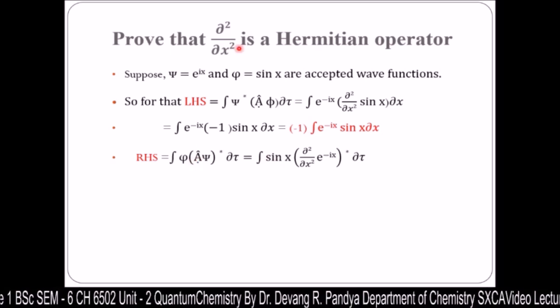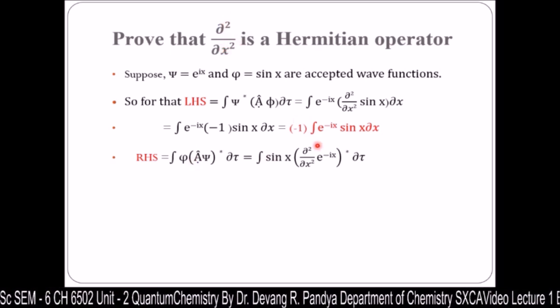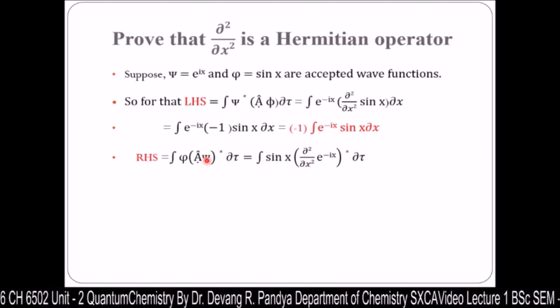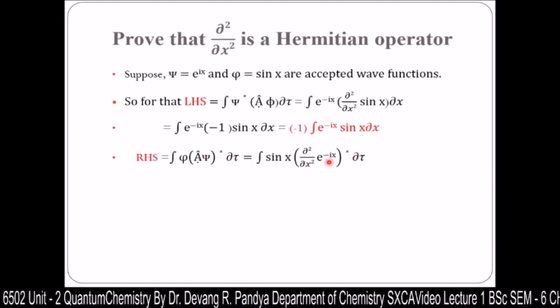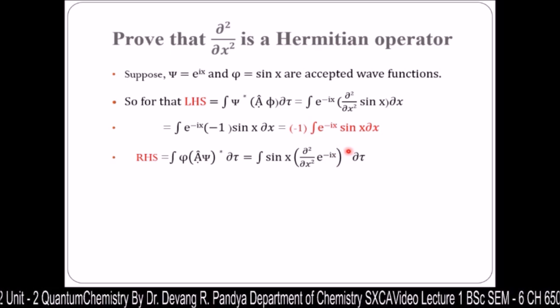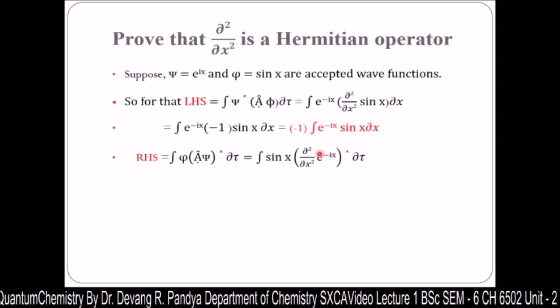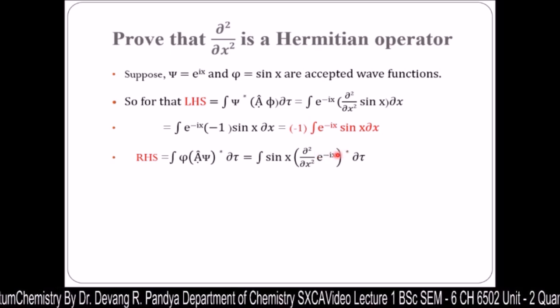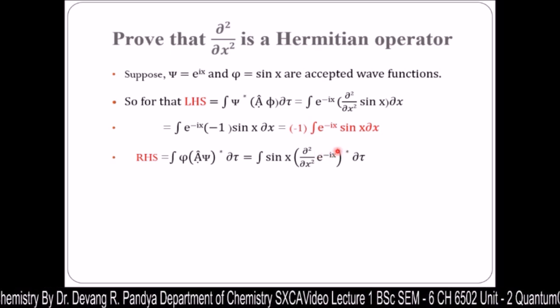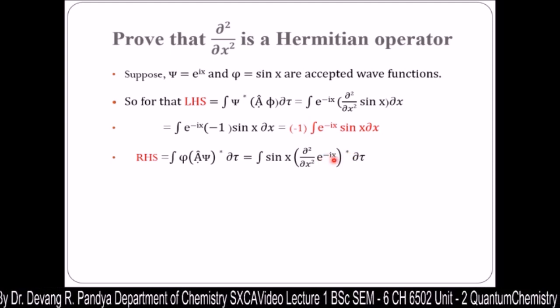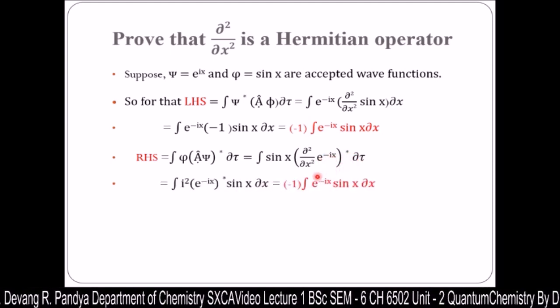Now operator A is d square by dx square, and psi is the complex conjugate, that is exponential minus ix. If you put minus you do not need the star, and if you put the star you need to write plus here. This is a typographical mistake. So bracket only but no star, exponential minus ix d tau.